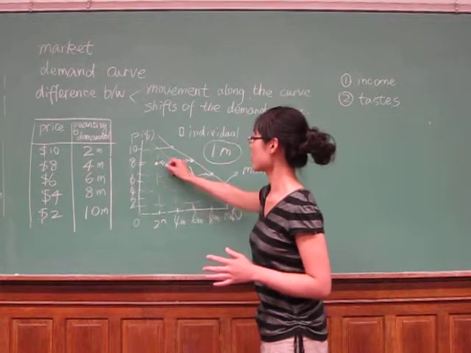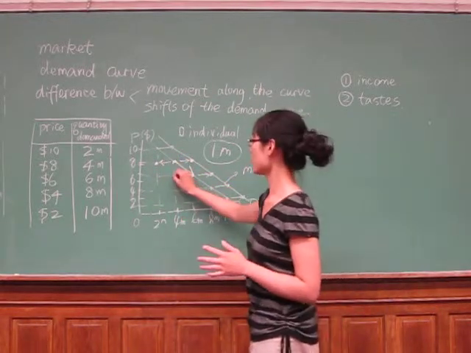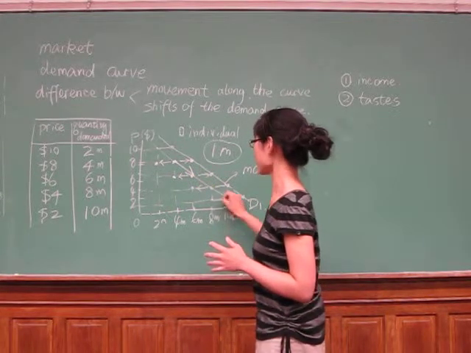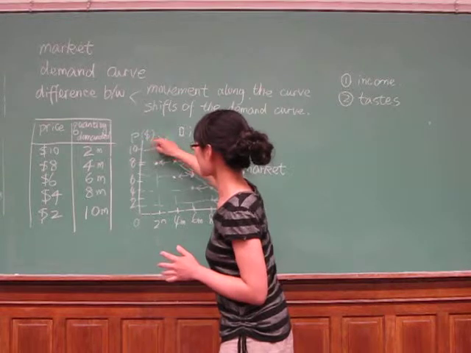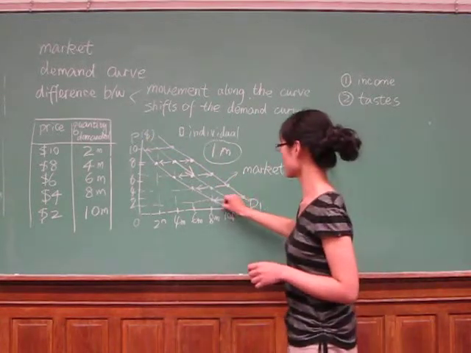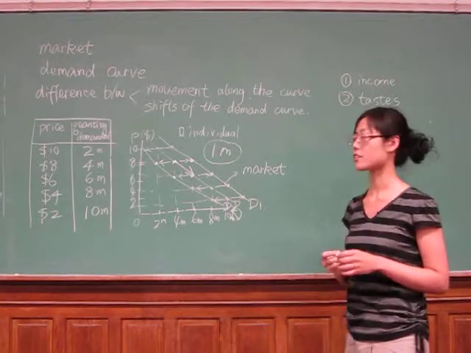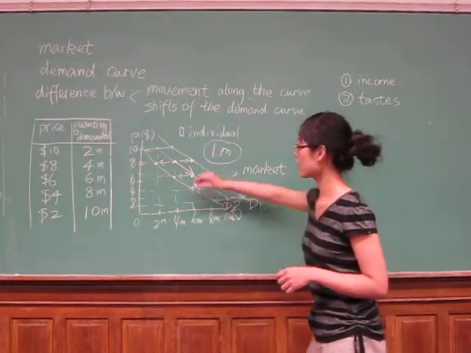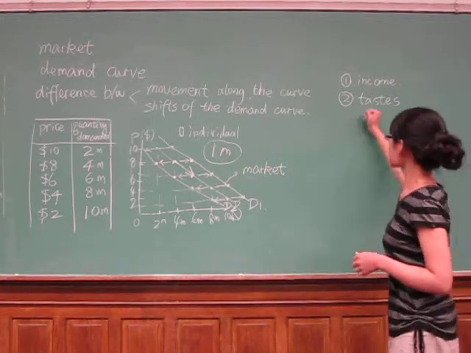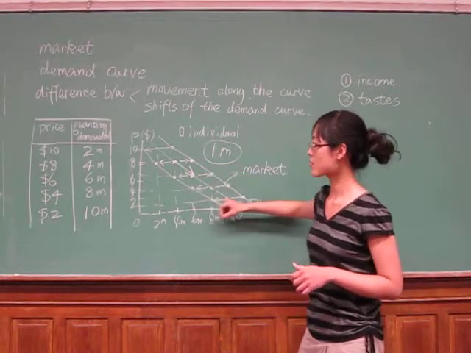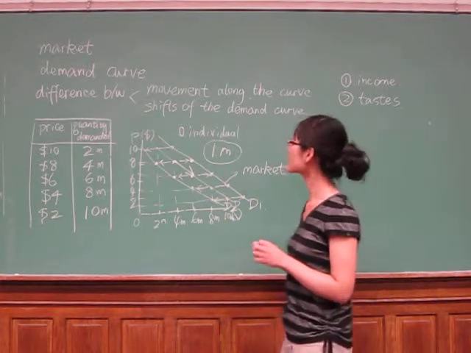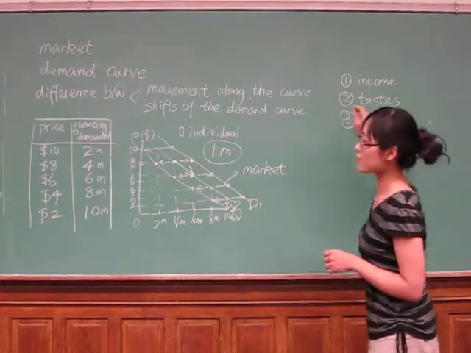So all the points move to the left at different prices. When we connect these points, we get another new demand curve, which is D2. Because people want to consume less at different prices, all the points shift to the left, so the demand curve shifts to the left.